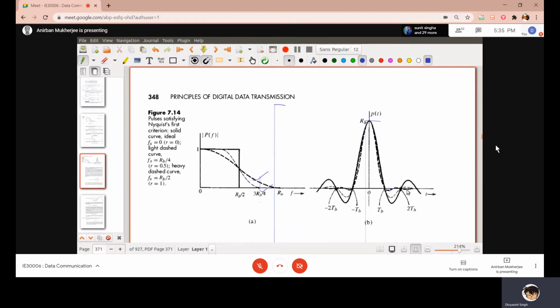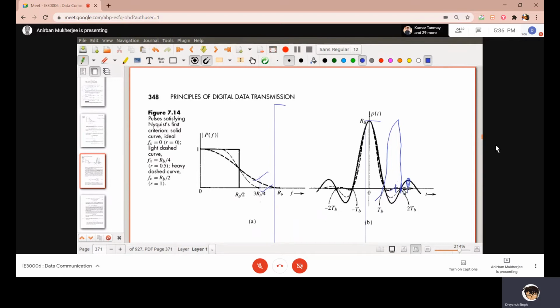If you see that the pulses are decaying fast, then even if there's a jitter or sampling instant problem, I don't have any problem. Otherwise, if you are restricted to this range and you are sampling at this point, and there is some jitter, then if you are sampling by mistake here or here, you have a lot of effect from this one.